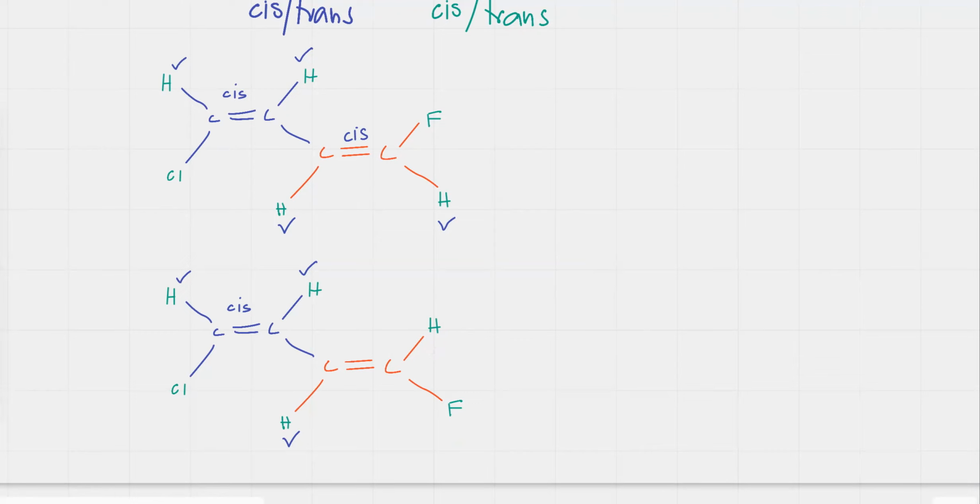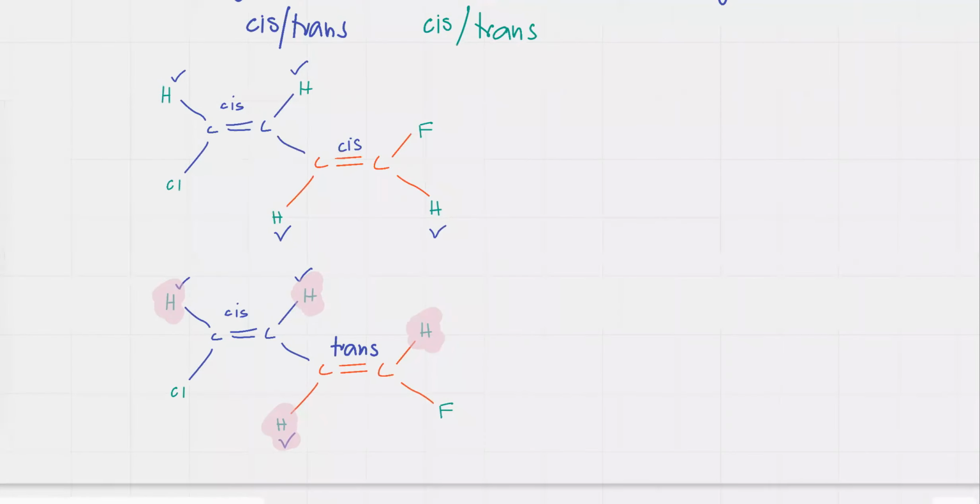So now the first one is cis, both H atoms are pointing in the same direction. The other one, that's your trans molecule. So this one is our trans version. The two molecules look the same, except for one difference.